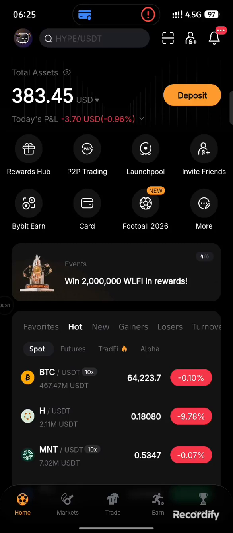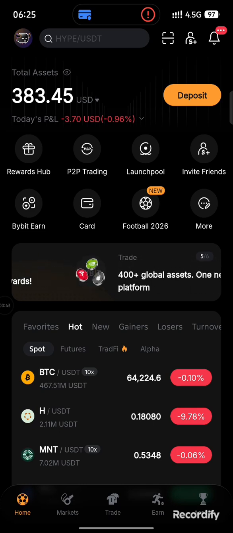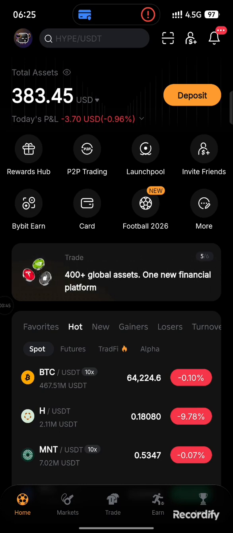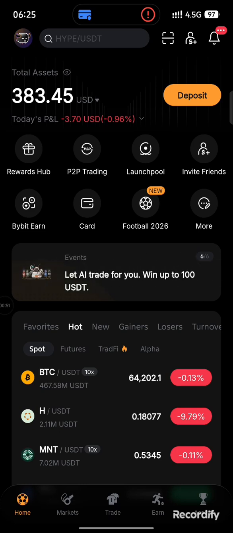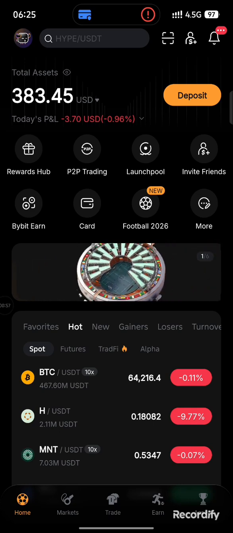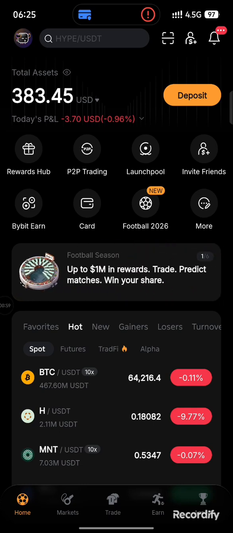Today, we're going to look at the best analysis for a crypto beginner. We'll look at some of the things you can look at before you start trading.